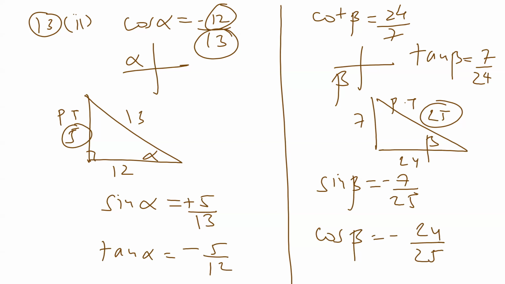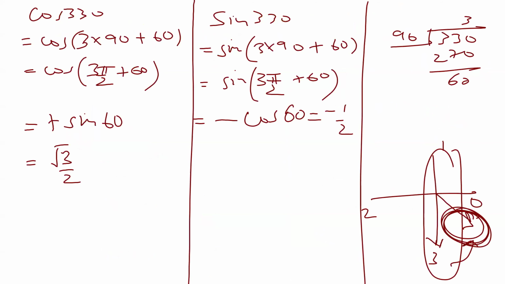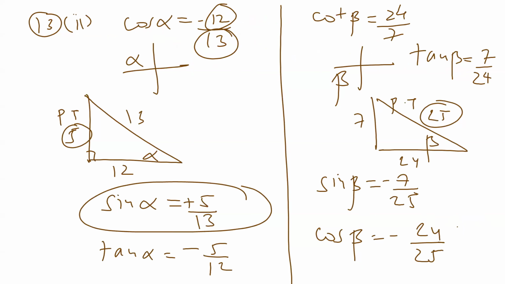I will start with the calculation of individual values, sin alpha plus beta, which is sin alpha cos beta plus cos alpha sin beta. We'll put the values. Sin alpha is 5 by 13, cos beta is minus 24 by 25.